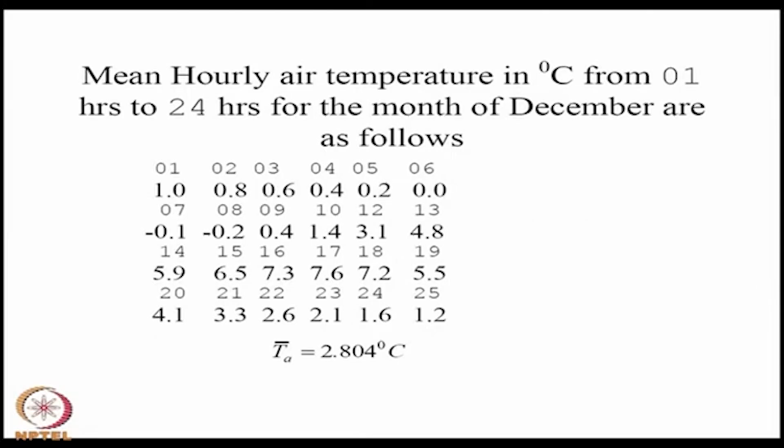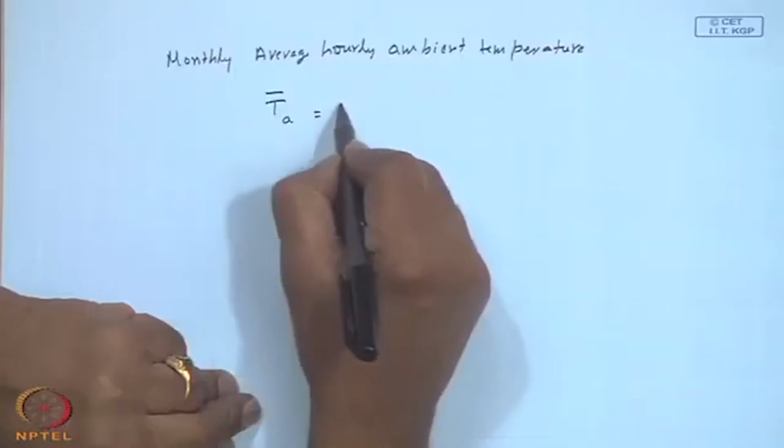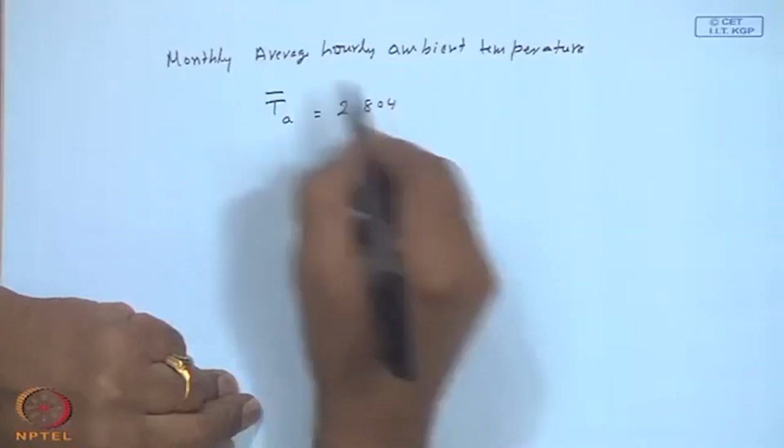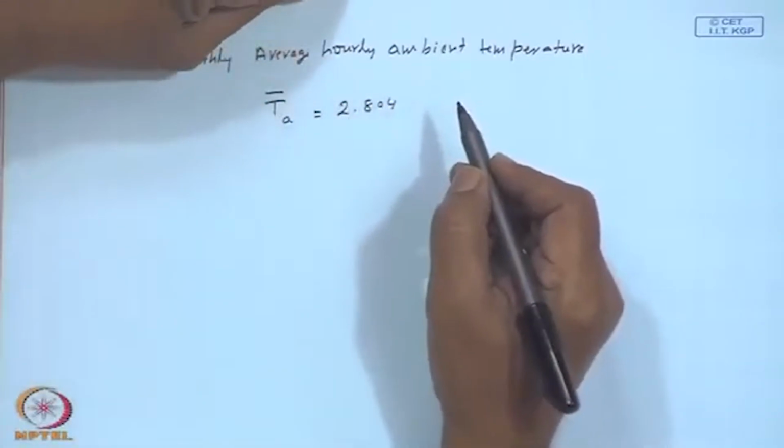First, 01 hour means ending at 1 a.m. and 24 means ending at 12 midnight. So, that should be 24, and they have got at 1 a.m. 1 degree, 2 a.m. 0.8 degrees like that. So, this table will give you the 24 hour data, and I first calculated the average for the day, which turns out to be 2.804, just the sum of those numbers divided by 24.